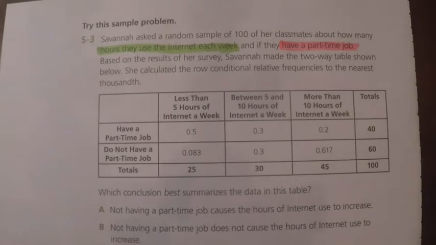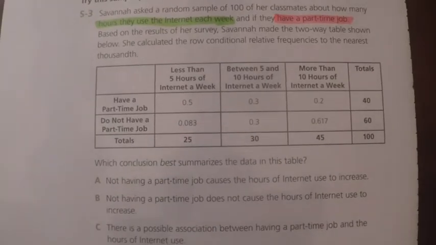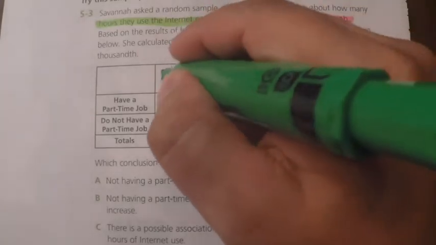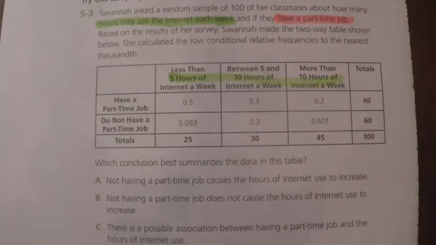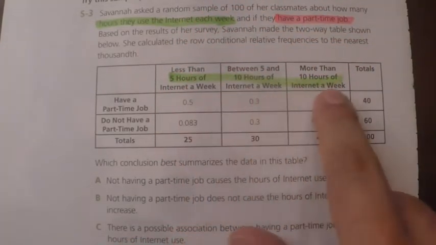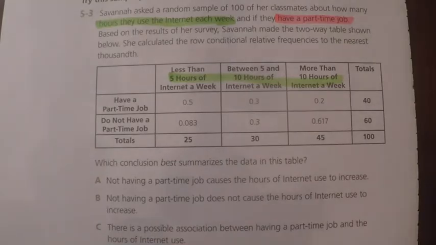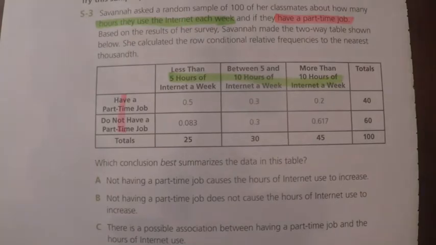So if we take a look here, she's got the hours of internet right on top. So we have less than 5 hours, between 5 and 10, and then more than 10. And then she's got whether they have a job in our rows here.